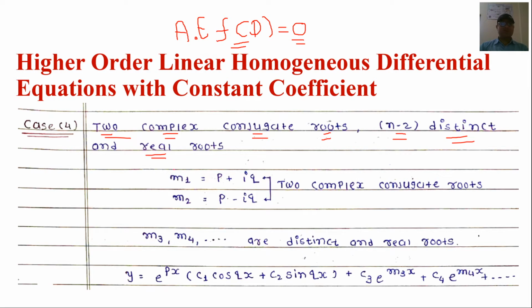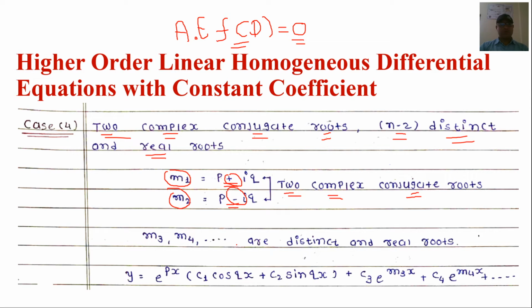Suppose we have two roots, m1 is equal to p plus iq and m2 is equal to p minus iq. Now these are the two complex conjugate roots. Here the word conjugate means you can observe that m1 has a plus sign in the imaginary part and m2 has a minus sign in the imaginary part. So these are known as two complex conjugate roots.